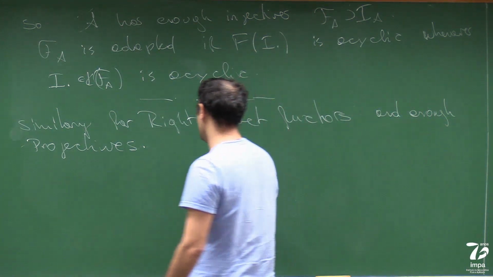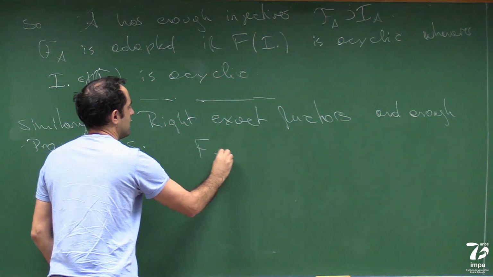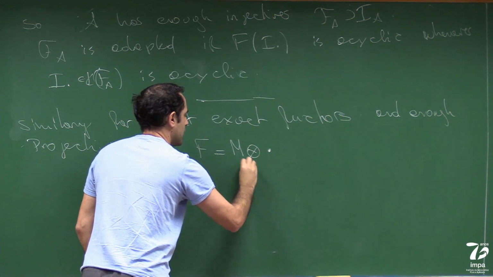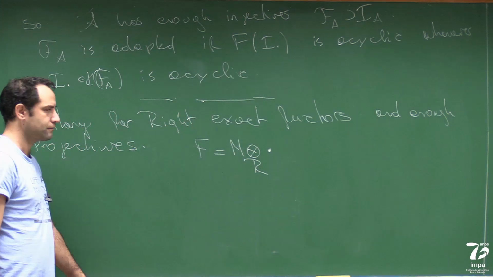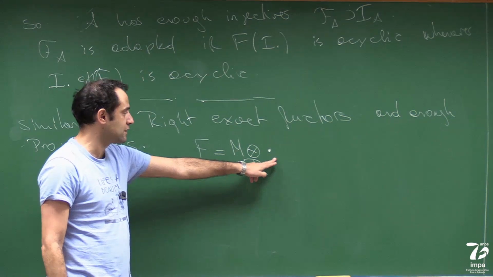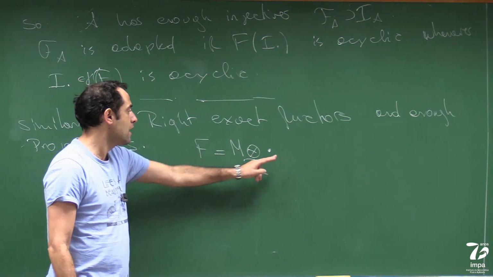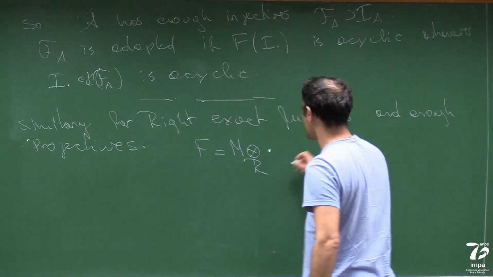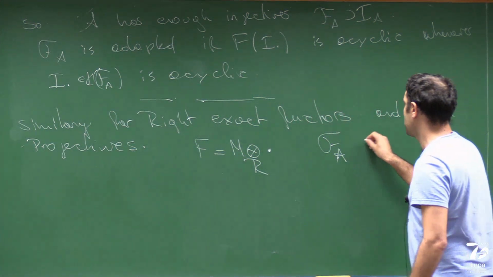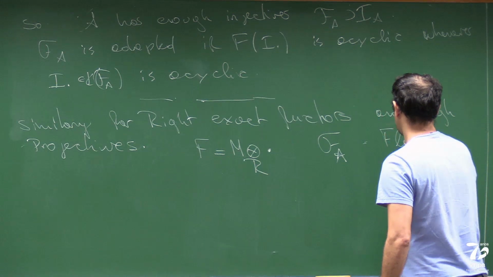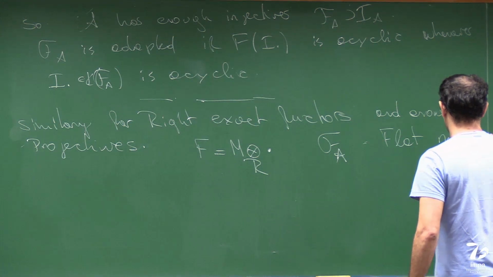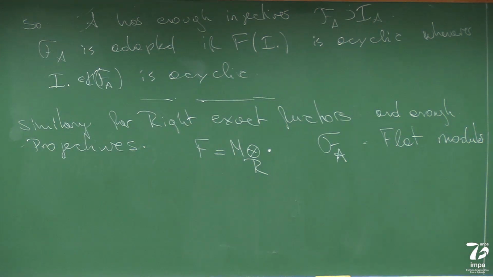So we have this example where our functor F is tensor product by a module M over a ring R. We have enough projectives, so we can compute this by taking a projective resolution of this argument, or we can compute this by taking resolutions by flat modules, which is more than just projectives.